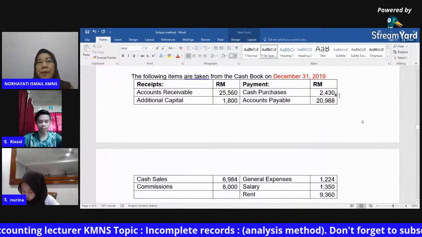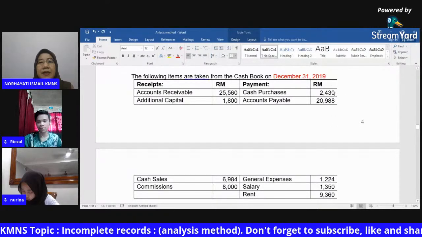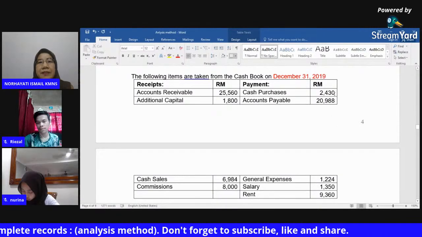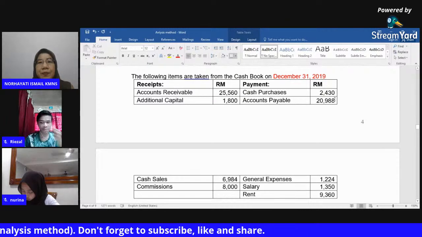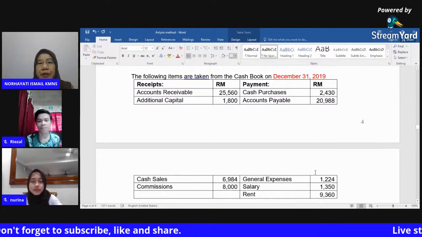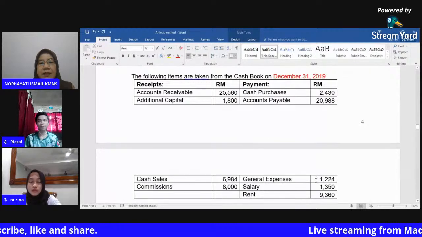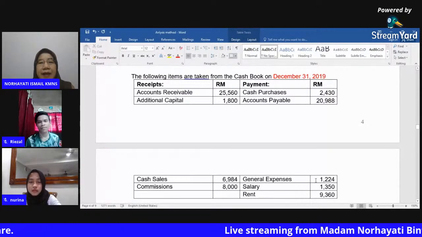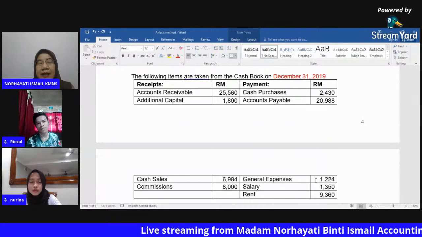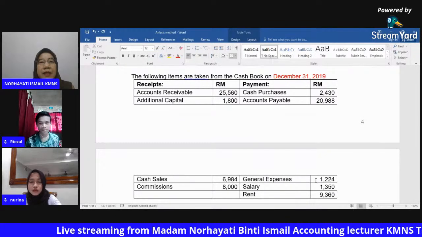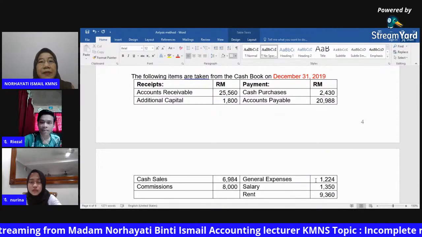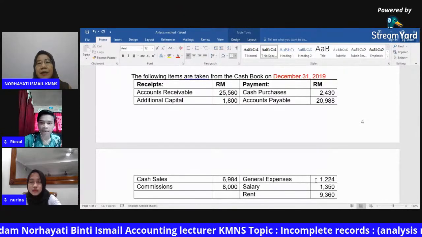And for payment, the company makes a payment for purchase, pays account payable, and pays expenses: general expenses, salaries, and rent. So this one, the credit side, means the company makes a payment.